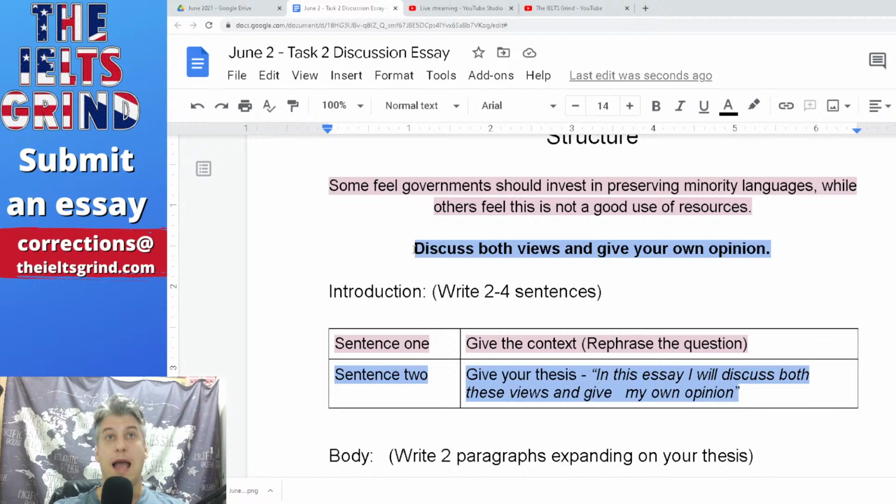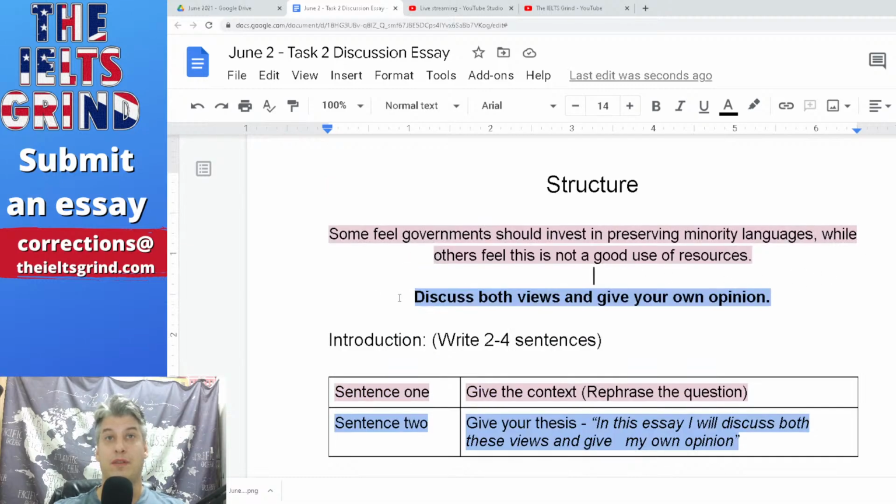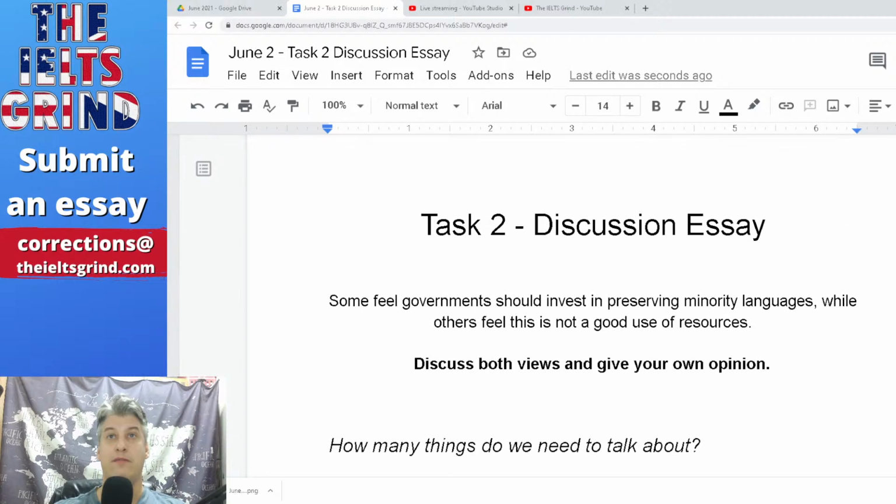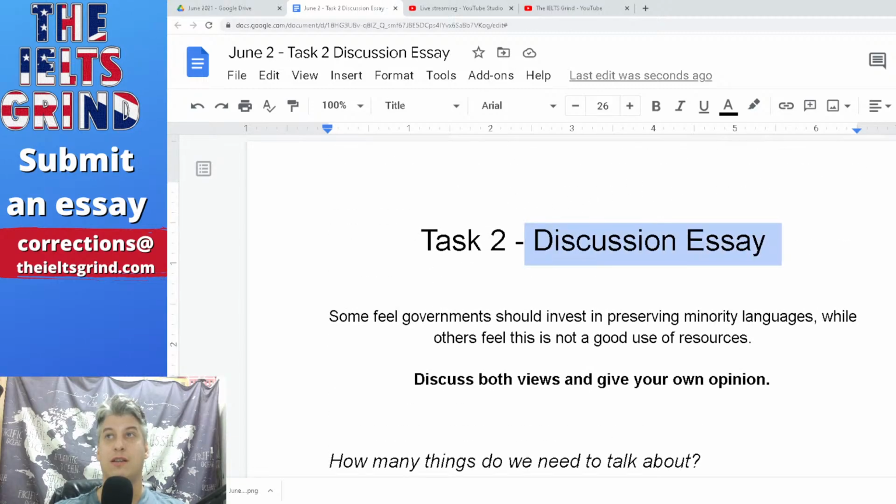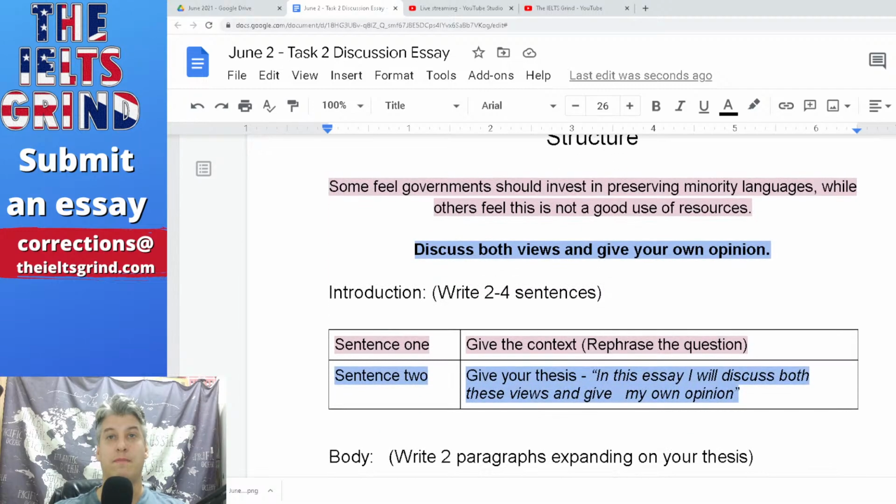Okay? And luckily for the second sentence, you can write the same thing every single time that you have a discussion essay. Okay? You can write something similar. So sentence 2, you have to give your thesis. This is basically what you are arguing, and you should always write something very similar to this. In this essay, I would discuss both these views and give my own opinion.